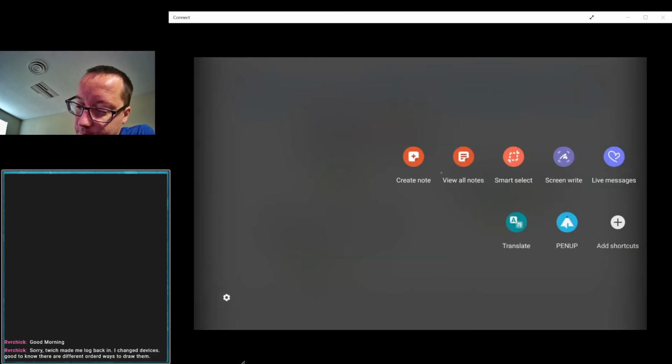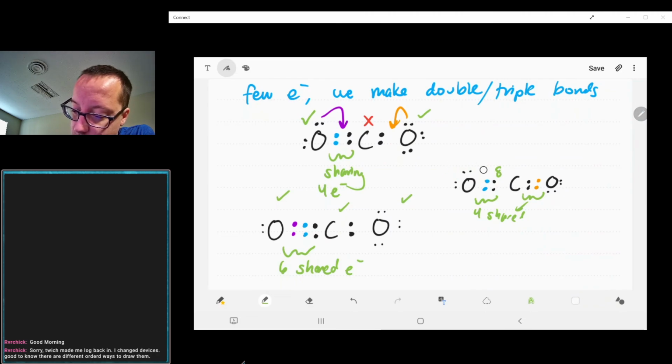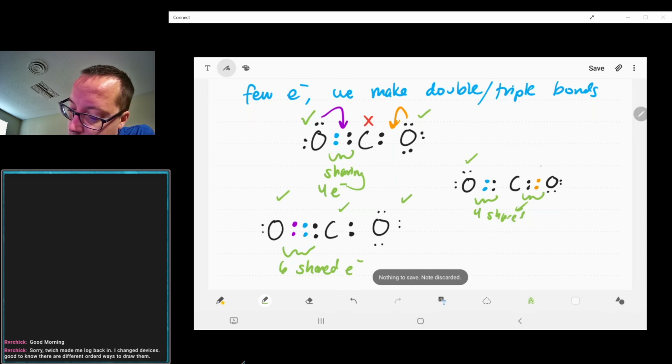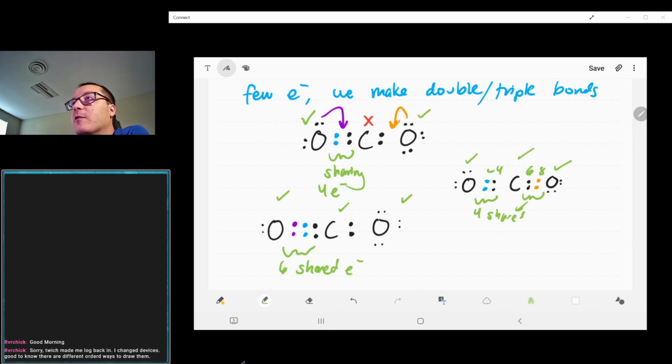It's happy. 2, 4, 6, 8 for that oxygen. It's happy. And now carbon in the middle, it's happy too.